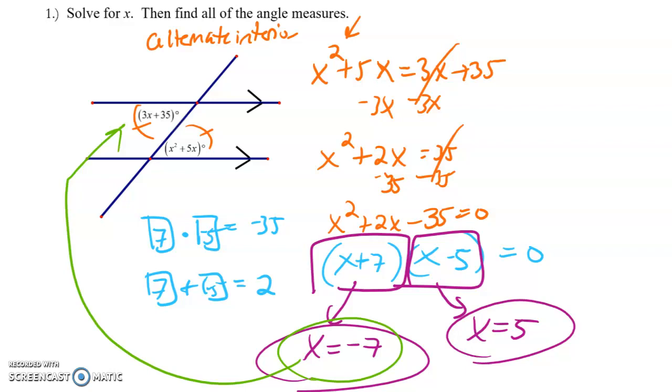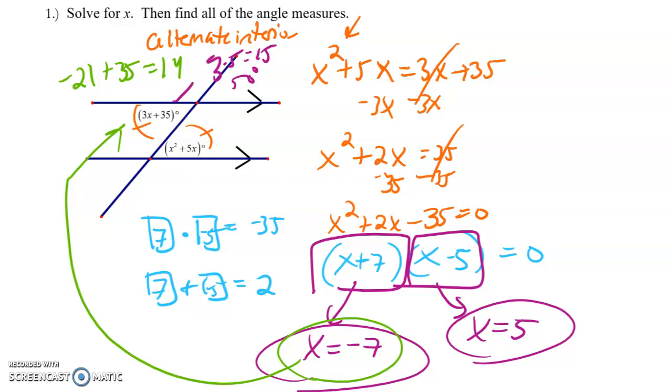That would actually be okay. That would give you 14. Alternatively, if you plugged in your positive 5 into that angle, your positive 5 would give you 3 times 5, which is 15, and then 15 plus 35 would give you 50 degrees.